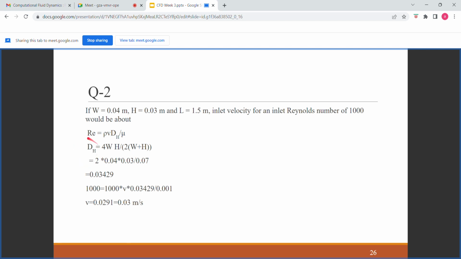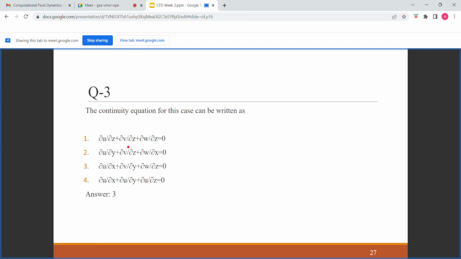The formula for hydraulic diameter is 4 into cross-sectional area divided by wetted perimeter. So it is 4 into WH, where W is the width of the flow domain and H is the height. This gives the cross-sectional area of the flow domain. So it is 4 into WH by 2 times W plus H.